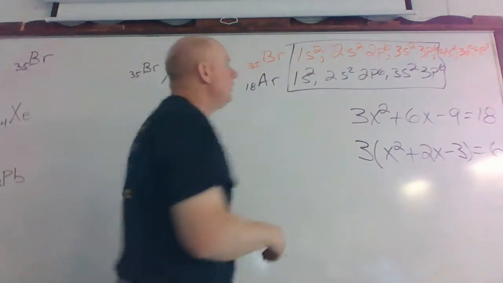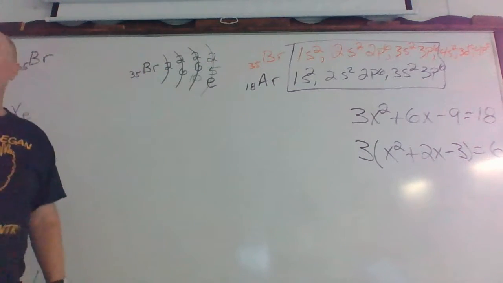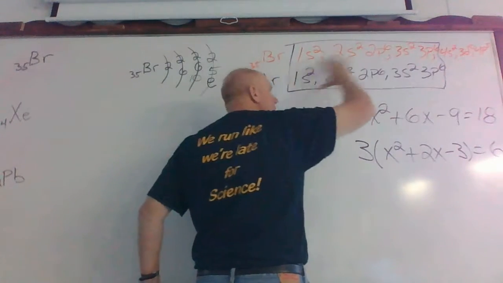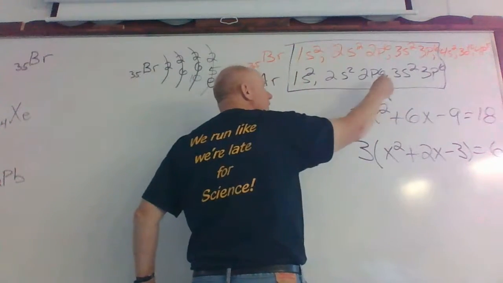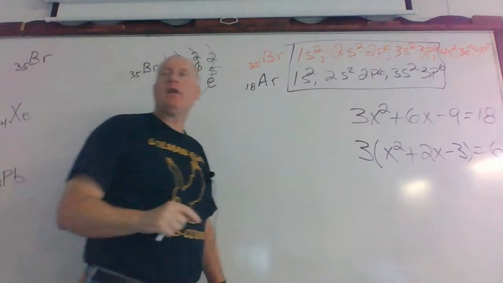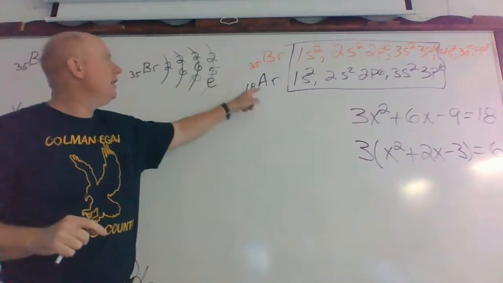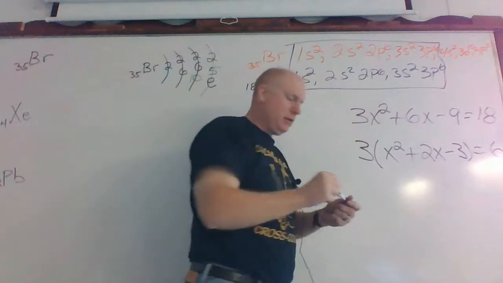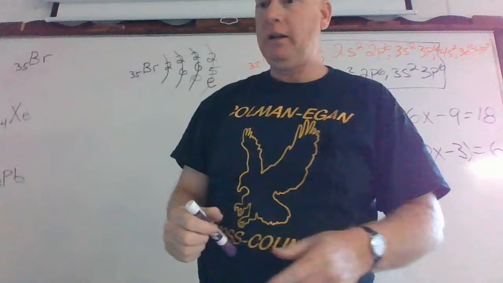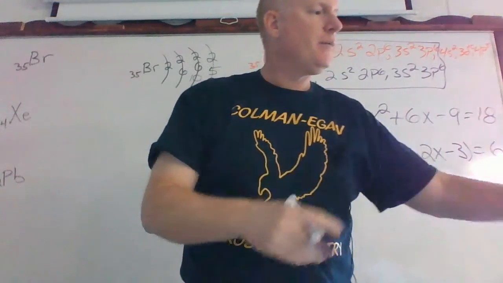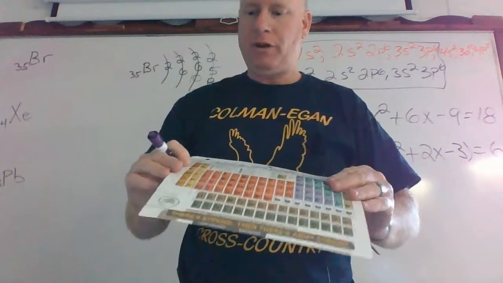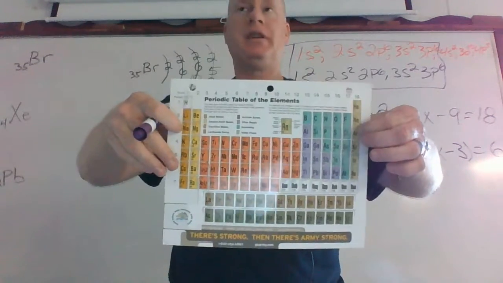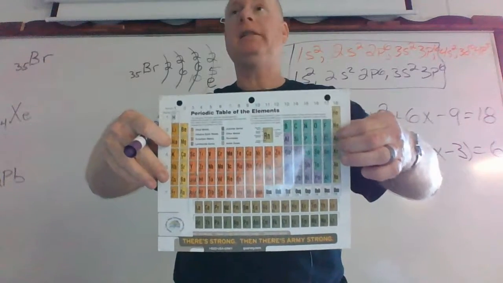So then what that allows you to do is say, rather than writing this same thing over and over again, since we know that argon has an outer energy level that's filled, which it does, because 3s2 and 3p6, 2 and 6 gives you 8, right?